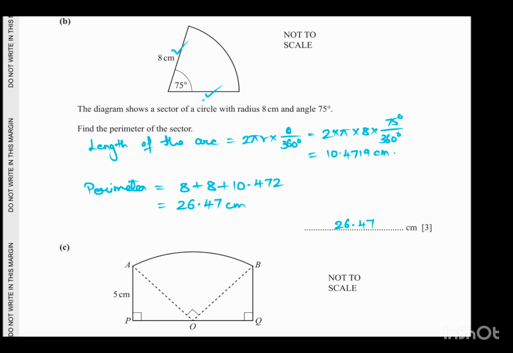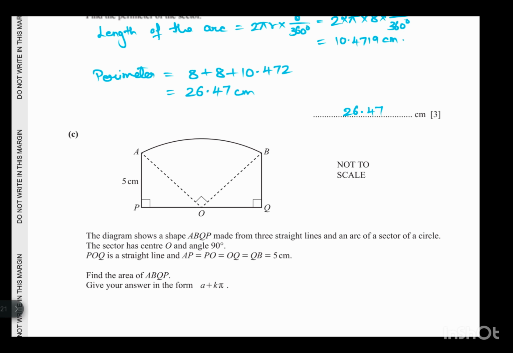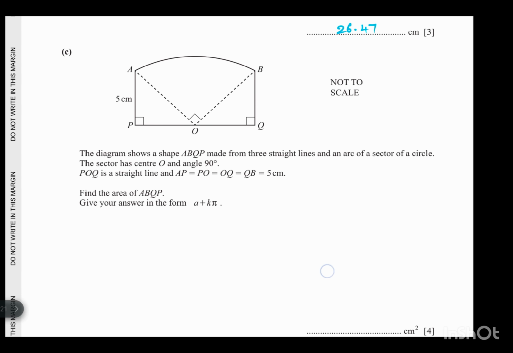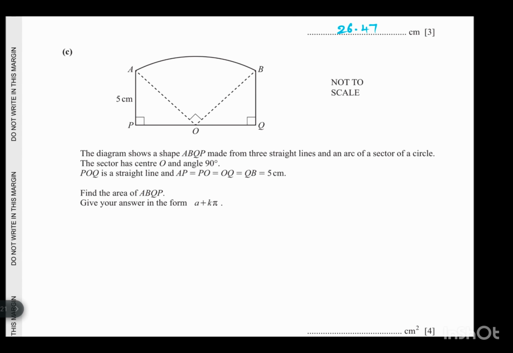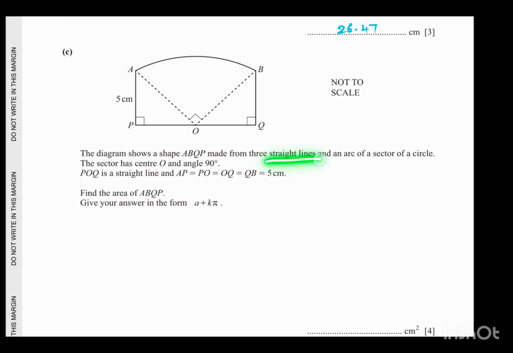Question number C. The diagram shows a shape ABQP. A, B, Q, P. This is the diagram made from three straight lines. So these are the three straight lines, and an arc of a sector of a circle.